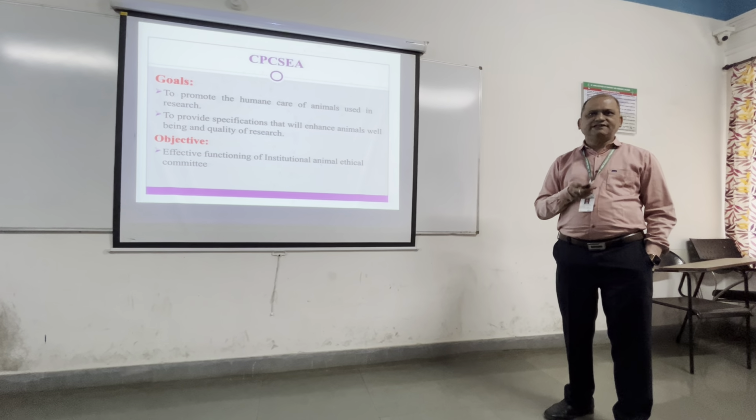For example, AC should be provided, a 12-hour dark and light cycle will be provided, proper care should be taken, and paddy husk will be changed after 2 to 3 days. Animal feed will be as per requirement, whatever the normal composition of protein, carbohydrate, and fats, accordingly that feed should be provided to those specific animals. All these things are given in the CPCSEA guidelines.